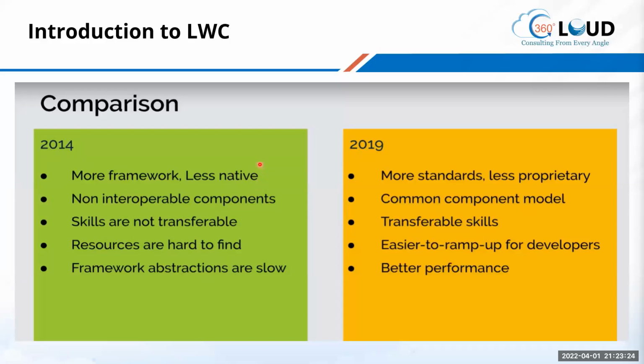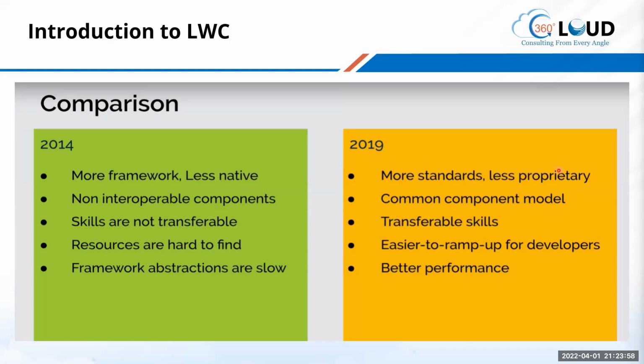The browser did not understand the component custom elements, so that is why we needed a thick layer of framework to develop our custom elements, custom requirements. So it was more frameworks, and in 2019 it is more standards, because all the web engine, all the elements or the shadow DOMs are understood by the web browser itself. So it is more standard and less proprietary.